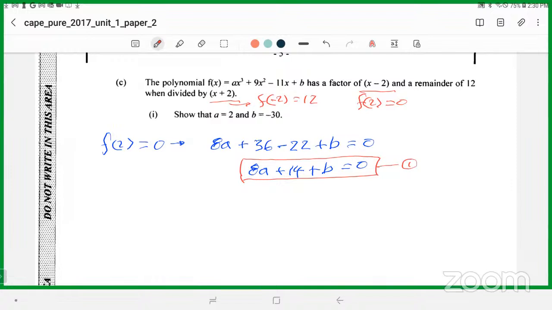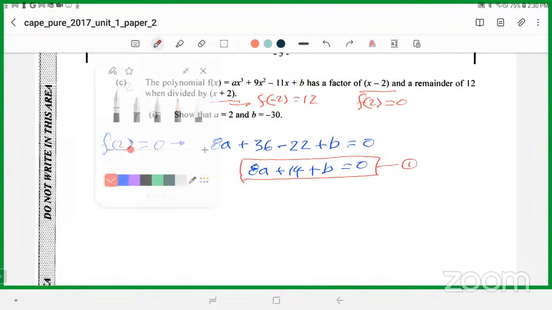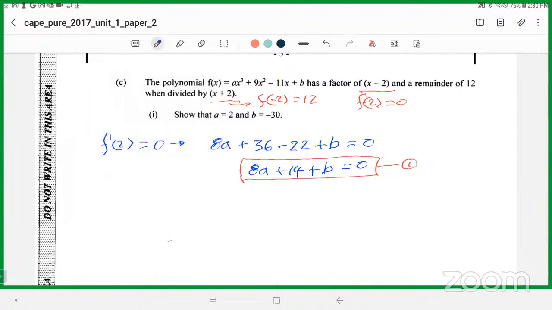And then this now is going to give us our second equation. Because you have a remainder of 12 when you divide by x plus 2, f of -2 equals 12 is going to tell us, we're going to plug in the -2 now. So -2 cubed is -8, so we're going to get -8a.